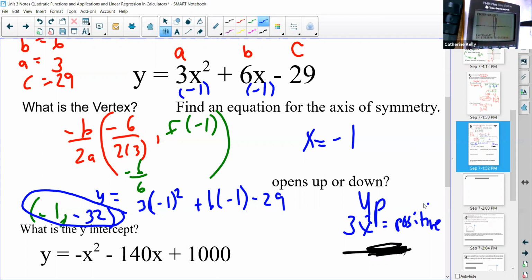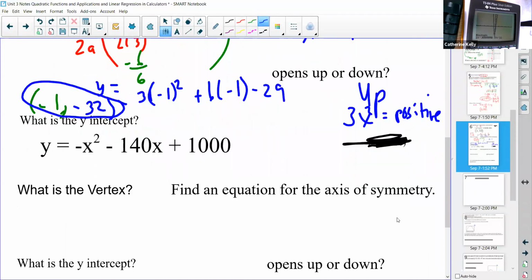So there's my dot. Anywhere over here works because I'm trying to look for what that point is. So now it's between those two. What's my minimum? And there I have it: negative 1, negative 32.